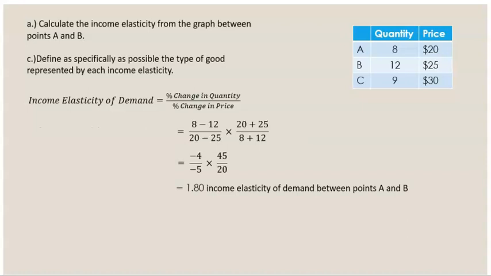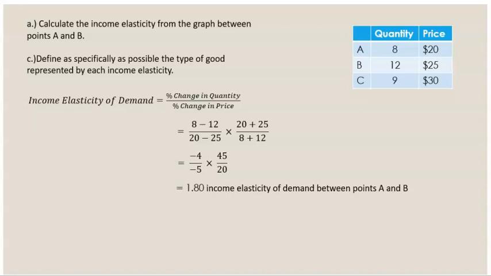Okay, so let's check to see if you have it. First, I would take 8 minus 12 divided by 20 minus 25. Remember, we're just doing points A and B, so you have the quantities on the top and your prices on the bottom, and you would multiply this by the price on top, 20 plus 25, and on the bottom is 8 plus 12.